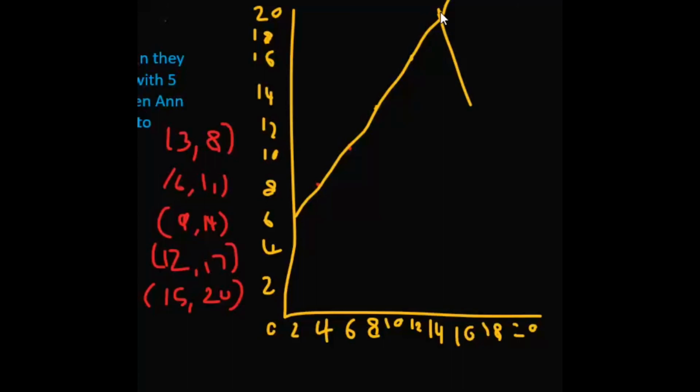And then we see how much Joe would have once Anne reaches 20. Since we counted by twos, we can go up to 20, but if we went further up, we would see that once Anne reaches 30, sorry.